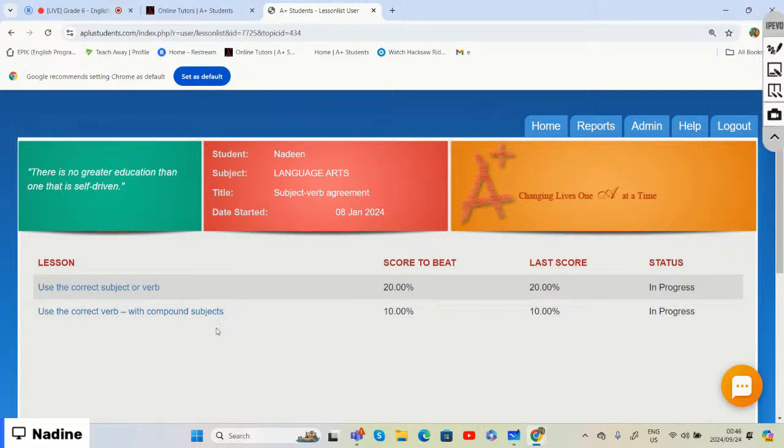So we said that your subject needs to agree with your verb. We have a singular subject, right? That refers to one person, one animal, one place, or one thing, and needs to agree with a singular verb. And a singular verb ends with an S, ES, or IES.